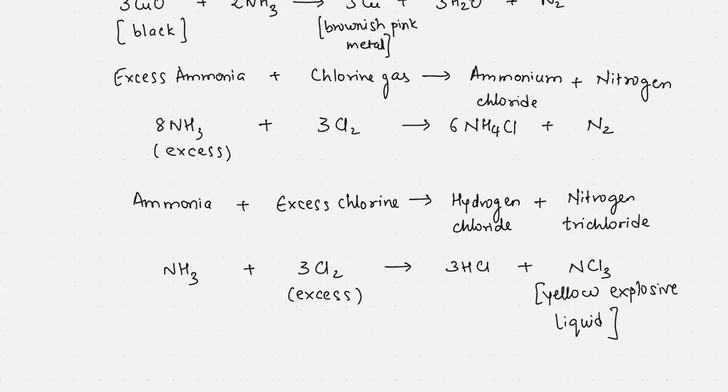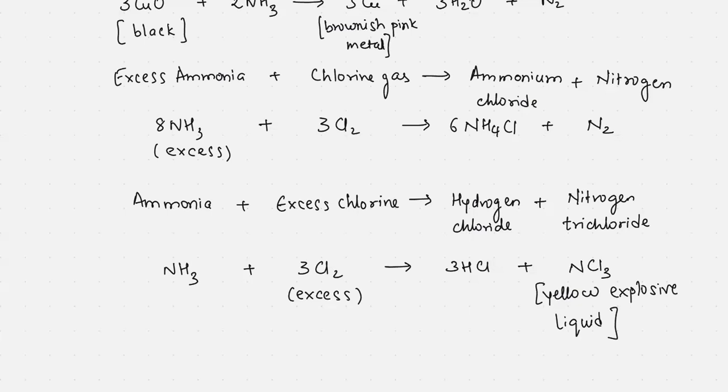So the next set of reactions again explain that ammonia is a reducing agent. One is action of excess ammonia on chlorine gas, and the other is action of excess chlorine on ammonia. So it's vice versa. So when we react excess ammonia with chlorine, the product formed is ammonium chloride and nitrogen gas.